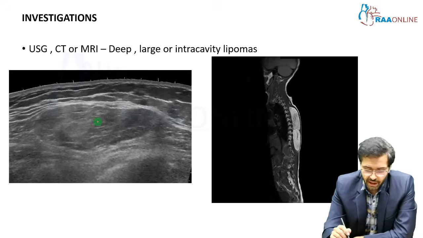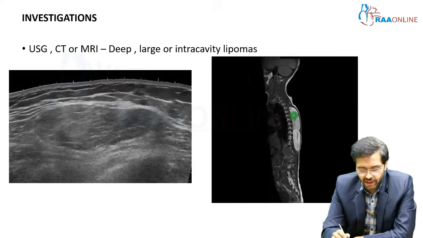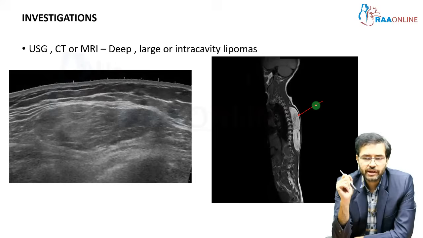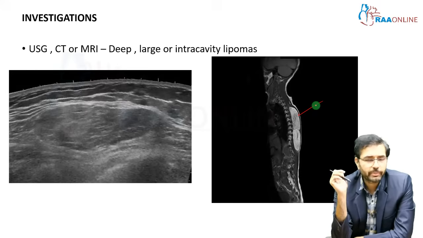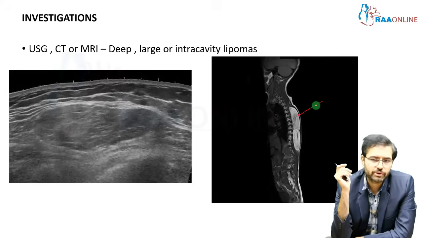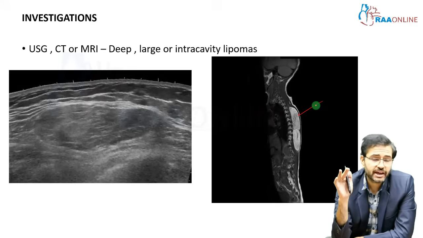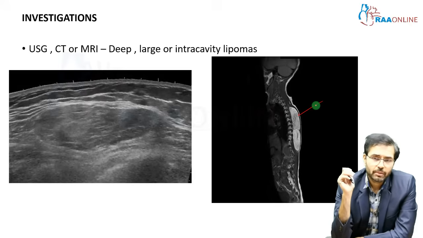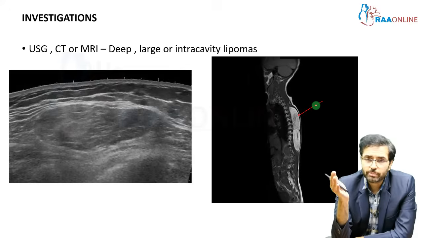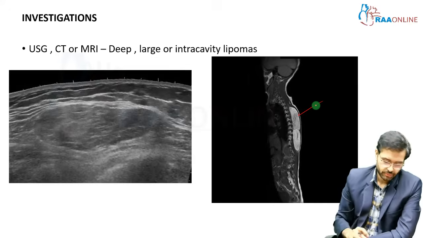And this here is an MRI image showing a lipoma deep to the skin but superficial to the vertebra, possibly in the paravertebral muscles extending into the subcutaneous plane. In an MRI, characteristically, lipomas are hyperintense, even in T1 and T2 weighted images. But in STIR images, they tend to be hypointense.